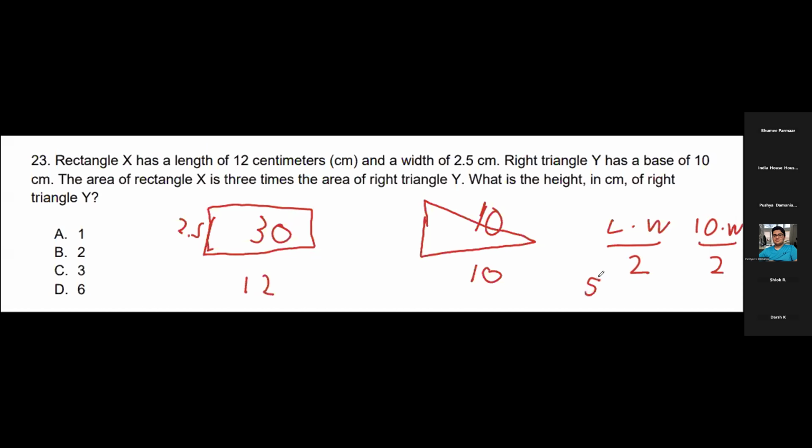That's 5 times the width is equal to the total area, which is 10. So the width would have to be 10 over 5, so the width is equal to 2. So the correct answer is answer choice B.